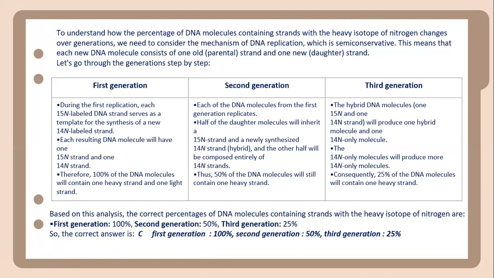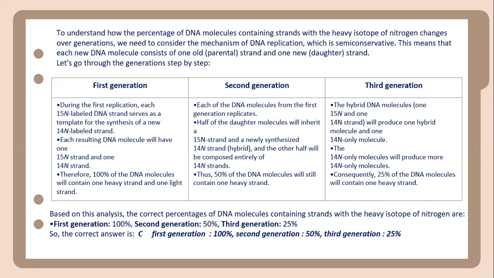For the first generation, during the first replication, each 15N-labeled DNA strand serves as a template for the synthesis of a new 14N-labeled strand. Each resulting DNA molecule will have one 15N strand and one 14N strand. Therefore, 100% of the DNA molecules will contain one heavy strand and one light strand.